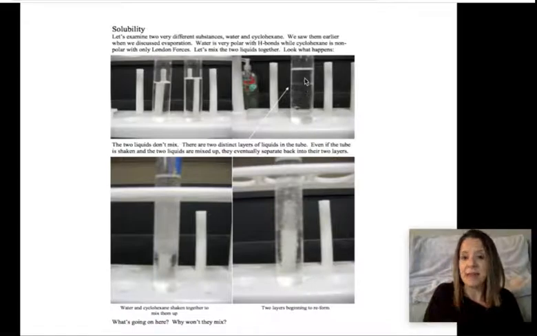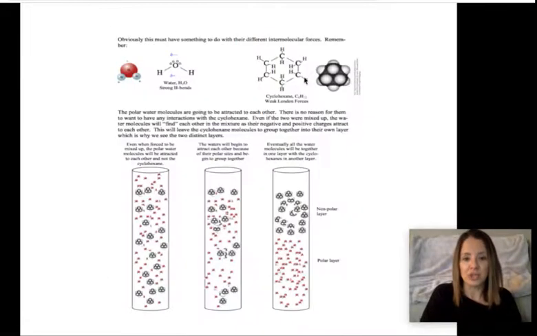These would be immiscible, meaning this liquid is not soluble in the other liquid. The intermolecular attraction between the two is not similar enough for them to dissolve. So you will get two layers, a heterogeneous mixture.